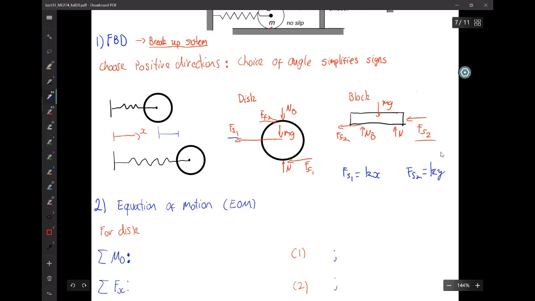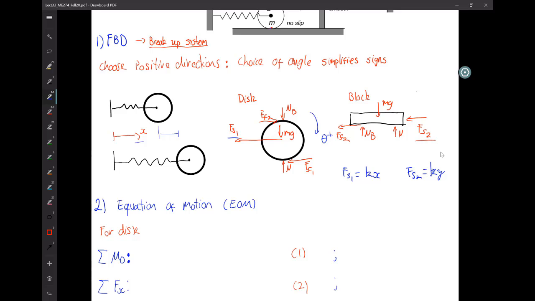So, what do we get? About point O we have this friction. Now I'm going to choose positive to be clockwise. The reason for it is that my x coordinate is positive pointing to the right, and it makes life easier. You will see from the kinematics that the angle is positive, following the direction of where my x arrow is.